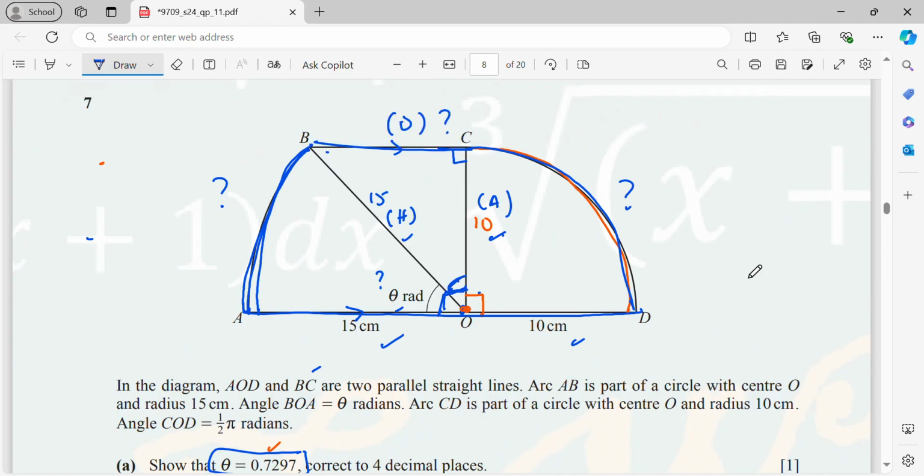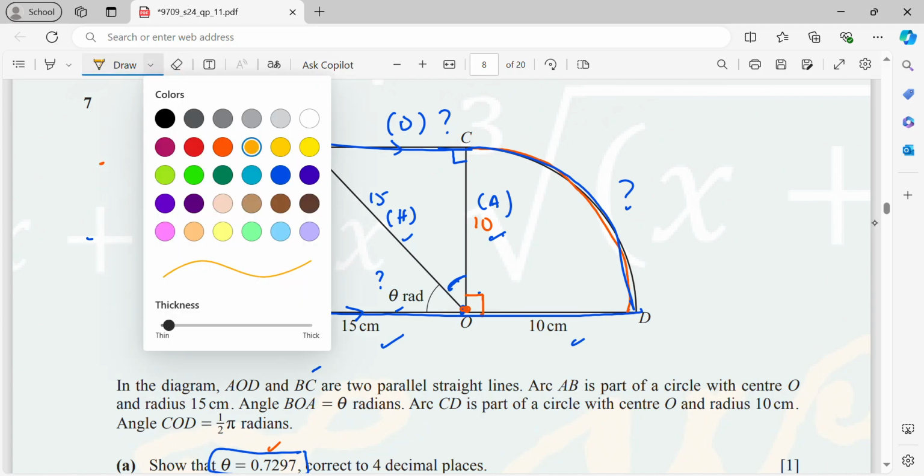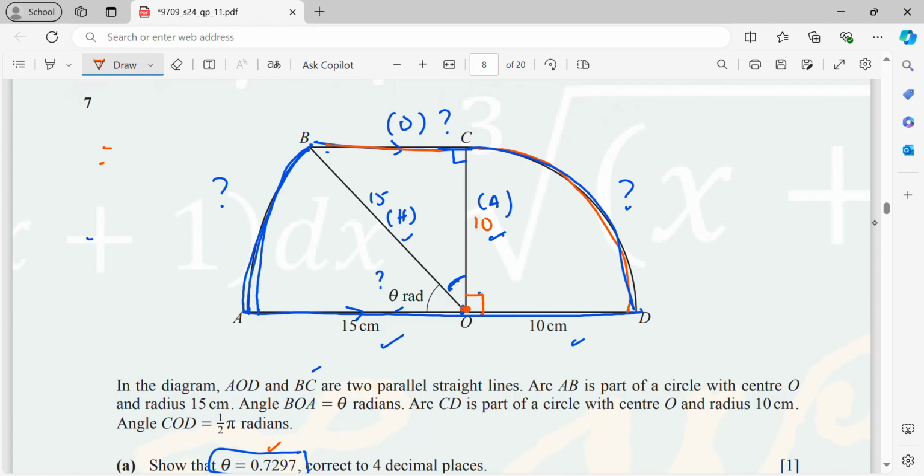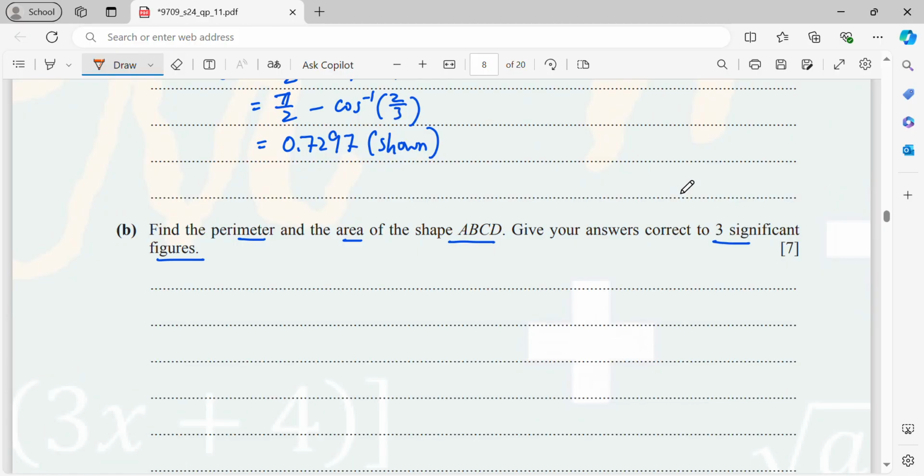To get the BC, I will use the right angle triangle. When you look at here, the BC is opposite. Just now we have found this angle, but probably I don't use the angle, I will just use Pythagoras theorem. So I draw triangle BCO first.